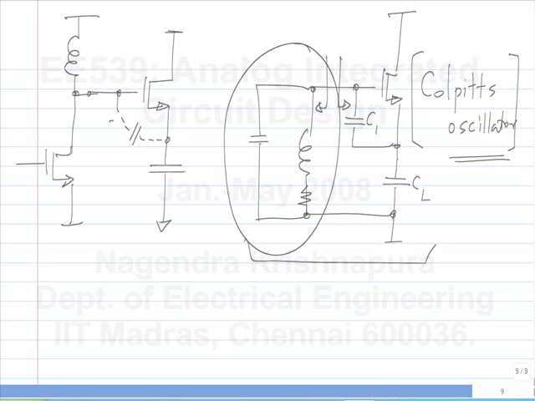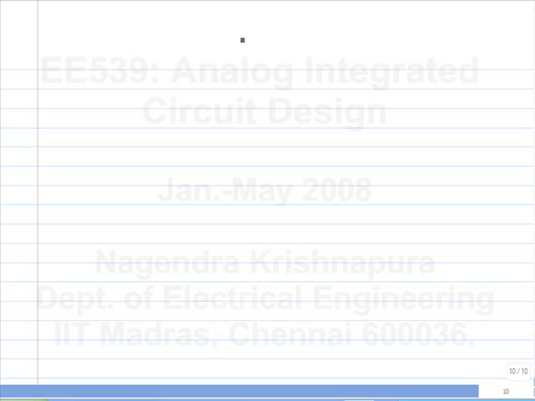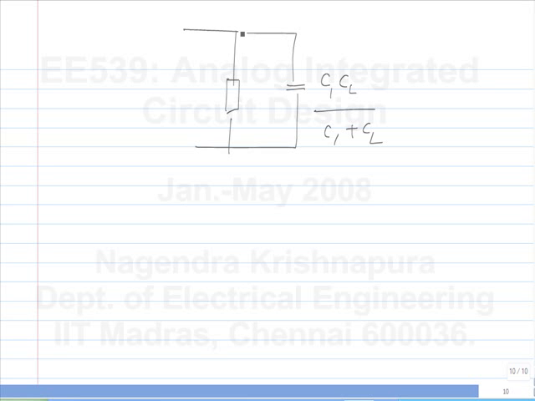The last part of the problem was, you express it as a parallel combination of C1 CL by C1 plus CL and something else. What does this come out to be? Do you remember what that is?